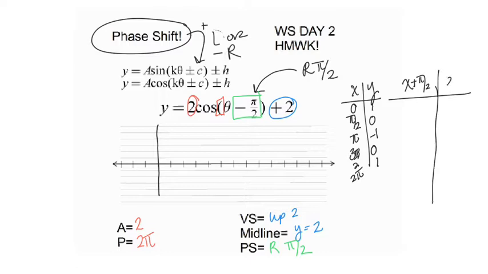My y is going to be 2y plus 2. So that's what's on the outside. So this is going to be pi over 2, pi, 3 pi over 2, 2 pi, and then 5 pi over 2. So my period stayed the same.